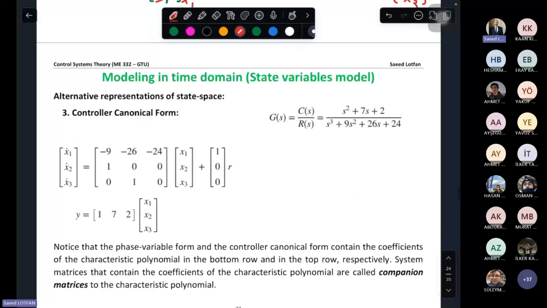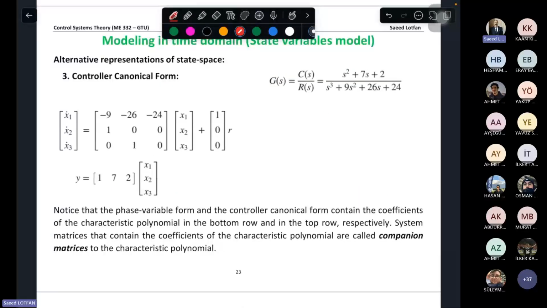So you see that phase variable form and controller canonical form contain the coefficients of the characteristic equation. These are the coefficients of the characteristic equation 24, 26, 9, the negative forms. The first one is in the top row here. So in the phase variable it is in the lower row of the matrix. They're called companion matrices, okay?